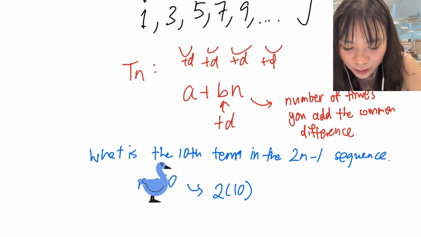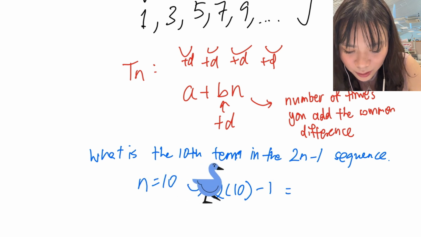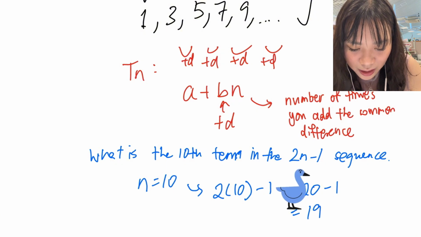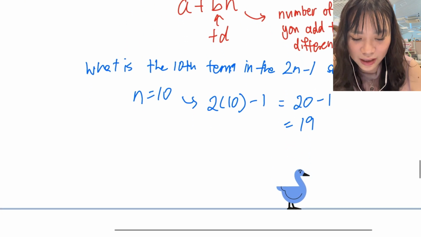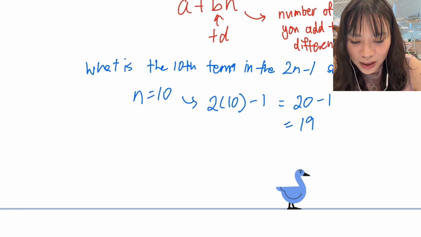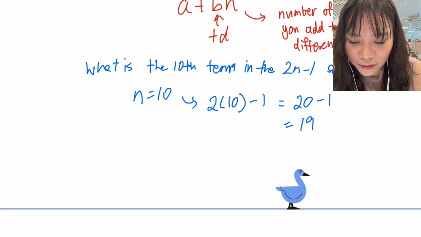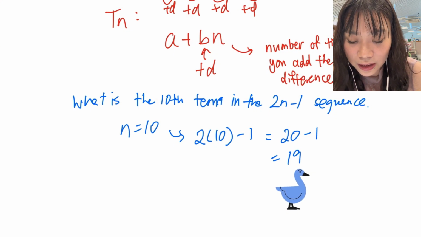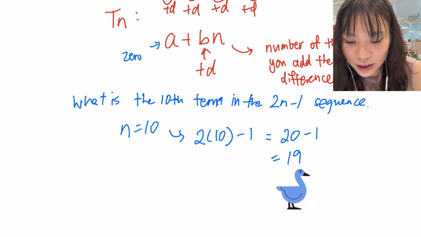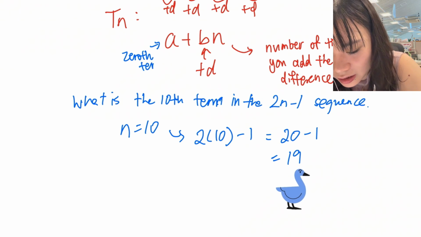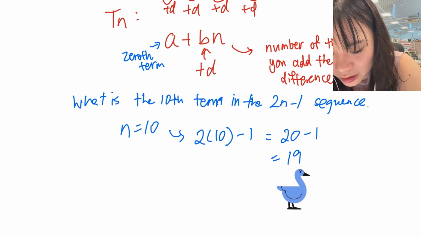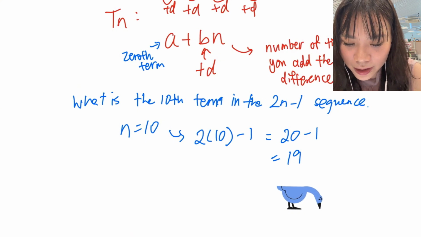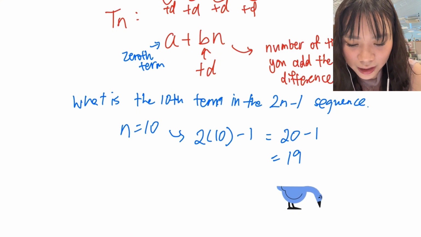Then I substitute the value of n into the sequence and I get 20 minus 1 equals 19. That gives me the 10th term in the sequence. So the formula follows as such: a, which is the 0th term, meaning the term before the first term, and then you add the difference times n.